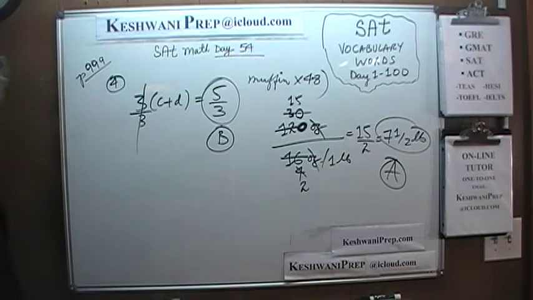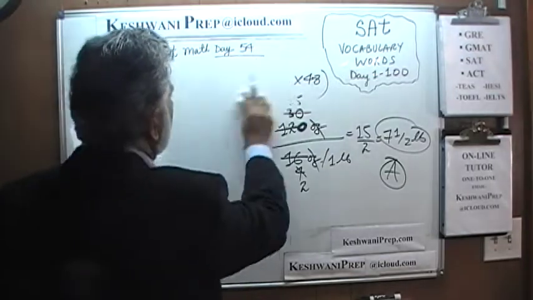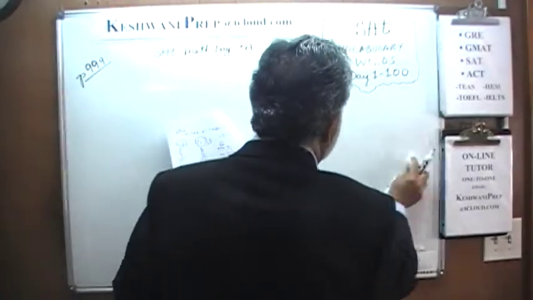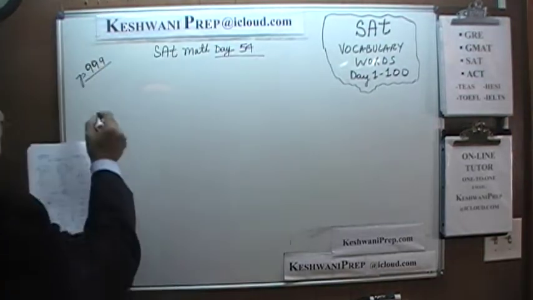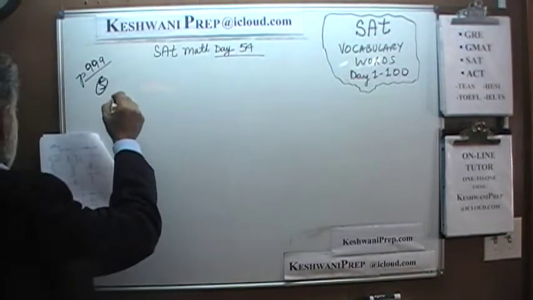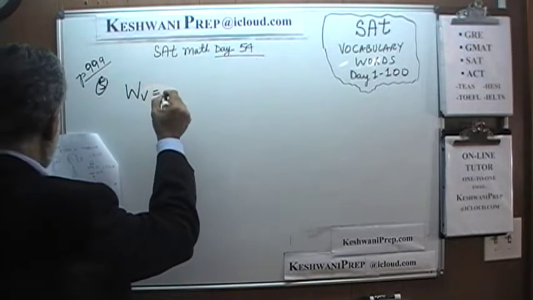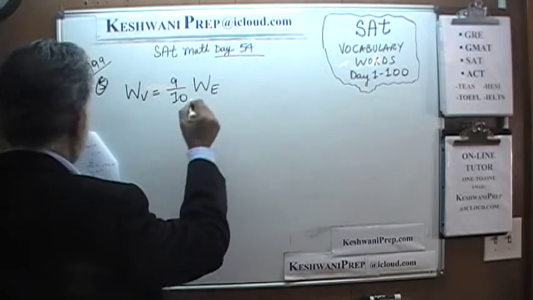Let's go to the next one, shall we? Number 5. In number 5, we are told that the weight on Venus is equal to 9/10 of the weight on Earth.